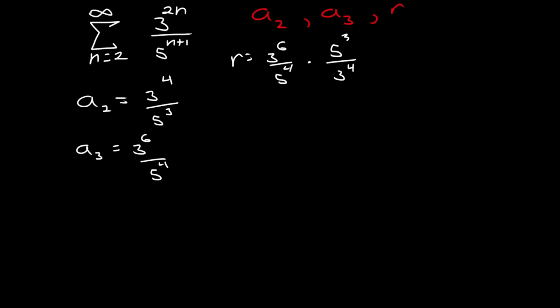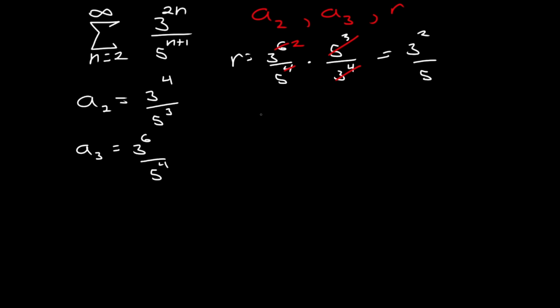We can begin canceling things out. The 5 to the 3rd will cancel with part of the 5 to the 4th exponent, and the 3 to the 4th will cancel with part of the 3 to the 6th, leaving behind a 3 squared divided by 5 as our r.